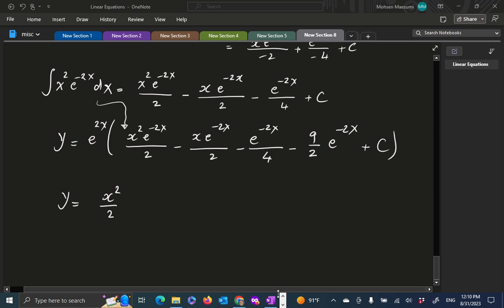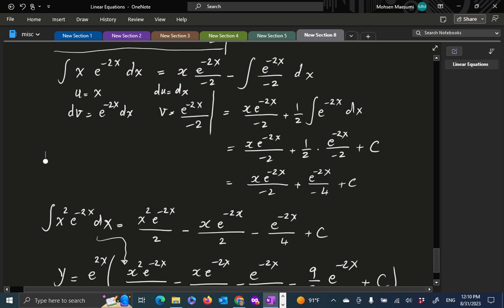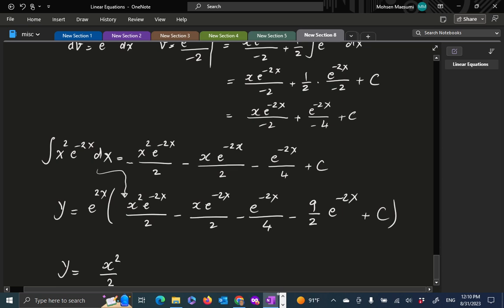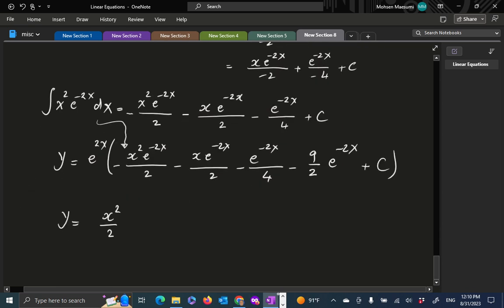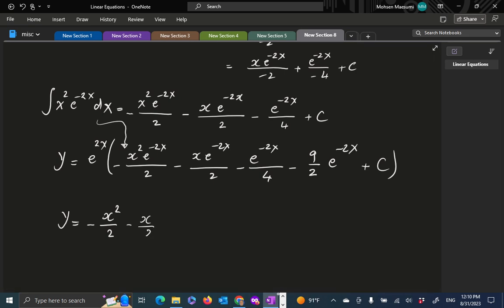I noticed that I have a sign error here, which happened here. Sorry for that. We had a minus, and that minus I forgot to write here, so this is going to be a minus, and then minus x over 2, and then minus a quarter, minus 9/2, so 1 and 18, minus 19/4.